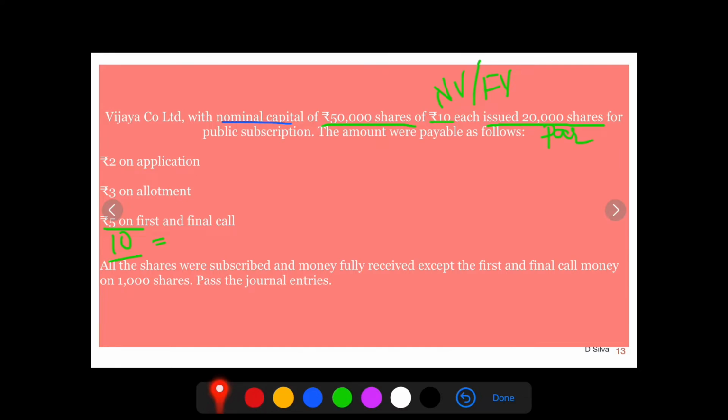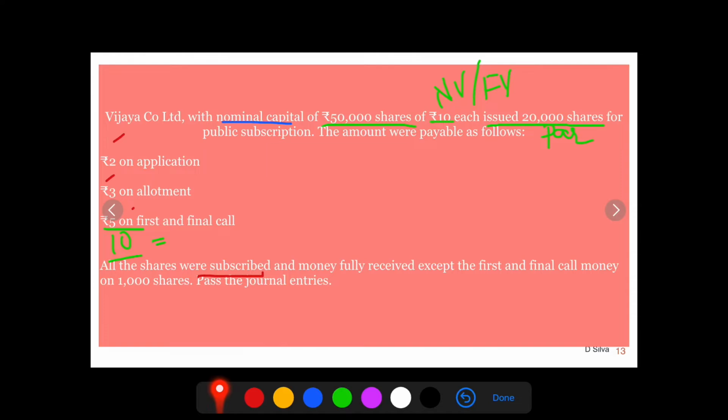Further, all the shares were subscribed and money fully received. All the shares were subscribed. So how many shares are being issued? 20,000 shares. And all the shares are being subscribed on application, allotment, and on first and final call. Later, money fully received except the first and final call money. So let's understand this part of the question.